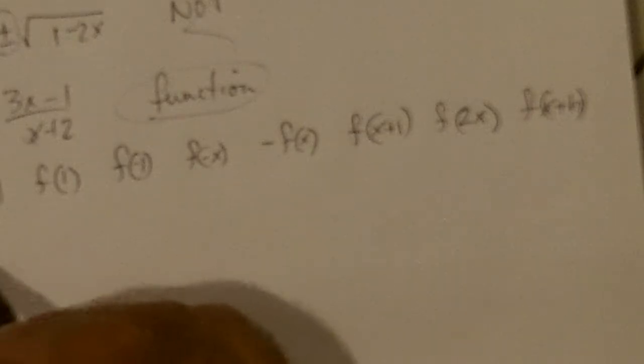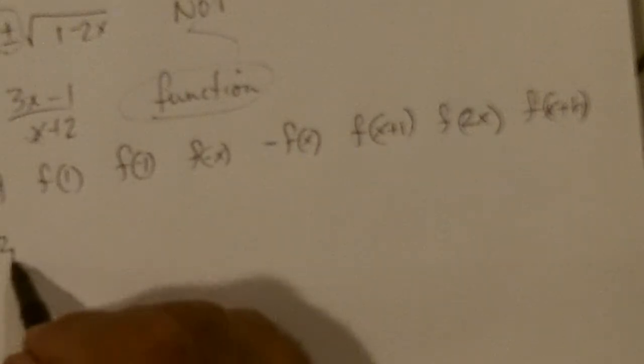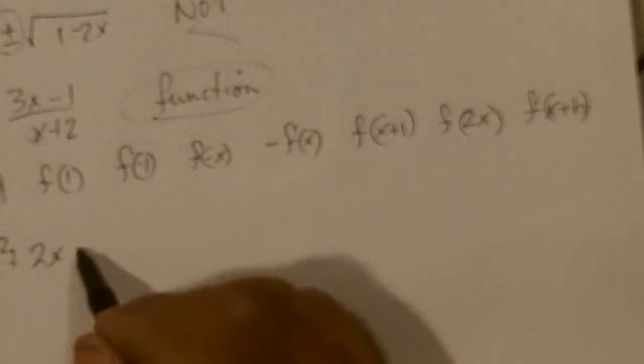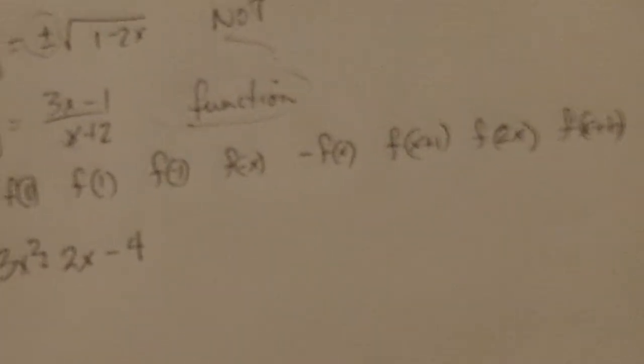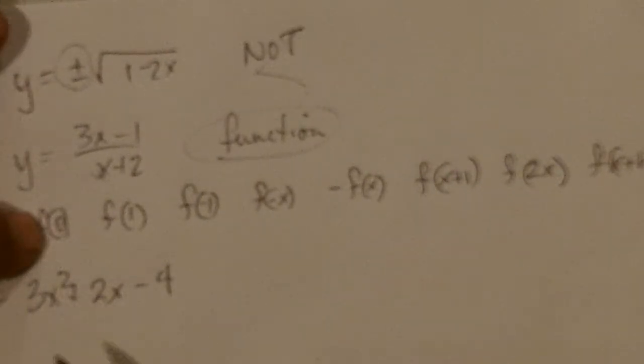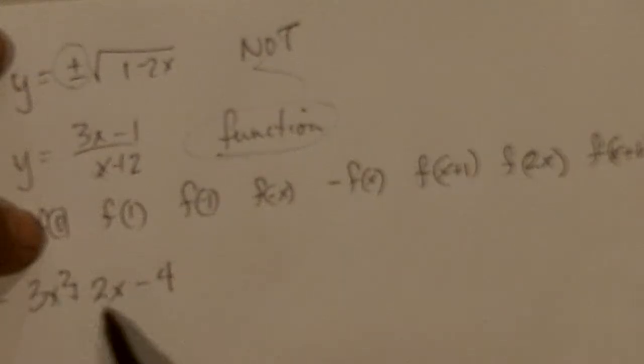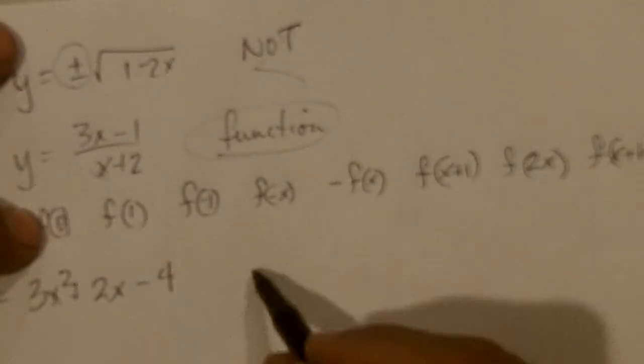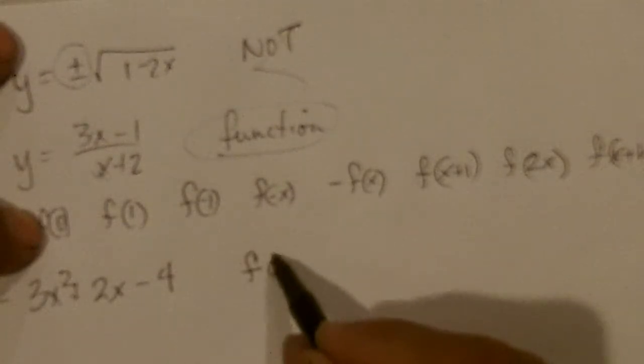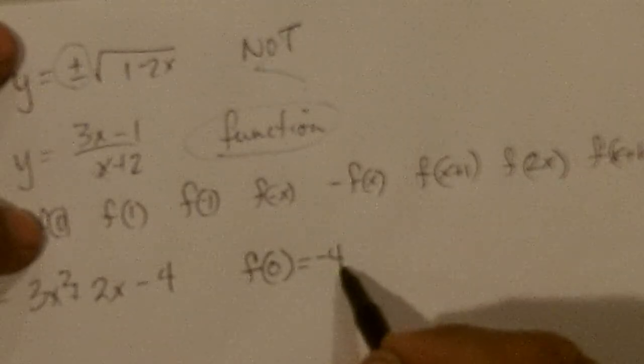equals 3x squared plus 2x minus 4. So if I put 0 in for the x's, this is 0 and that's 0, and so I'm left with -4. So f of 0 is -4.